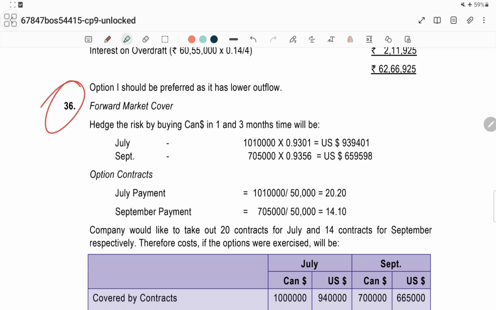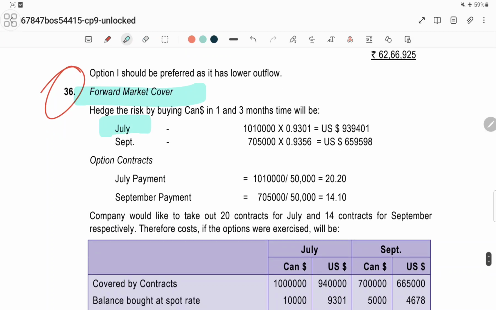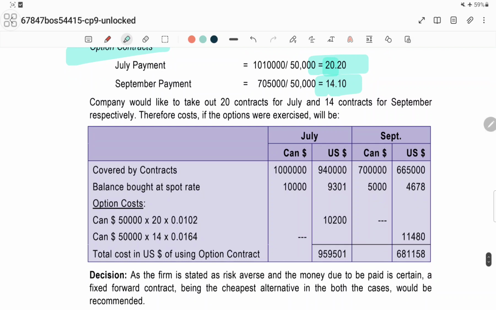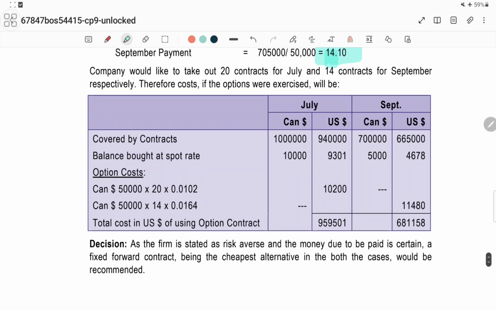Let's go to the solution quickly. Forward market cover we did for July and September. This entire thing we had these outflows. For options contract, first we found out the number of contracts, 20.2 and 14.1. Out of this only I can have a call option for 20 and 14 respectively. So that's what I did for 10 lakh and 7 lakh, right? In equivalent US dollar terms that would be 9,40,000 and 6,65,000.